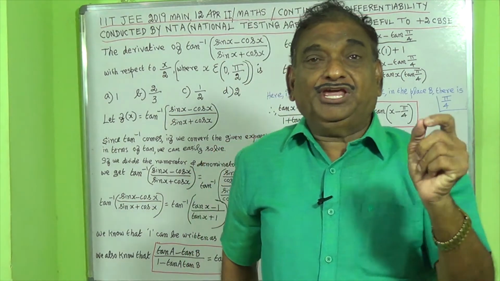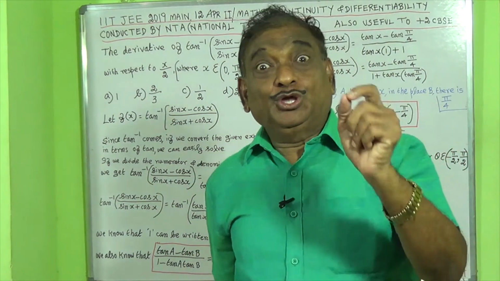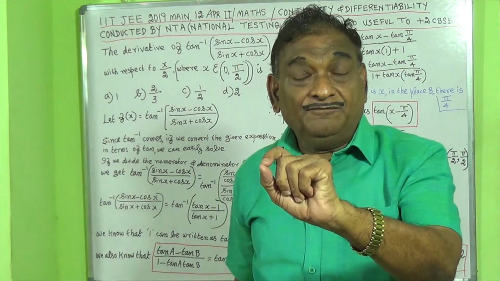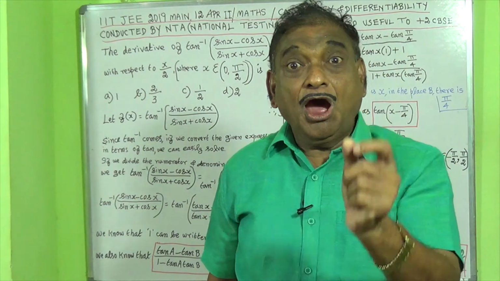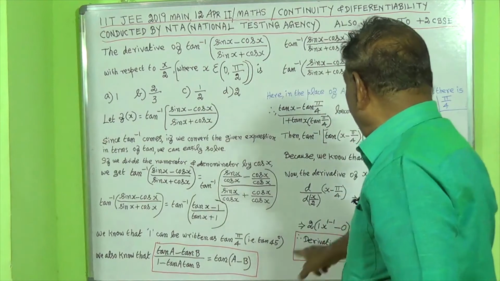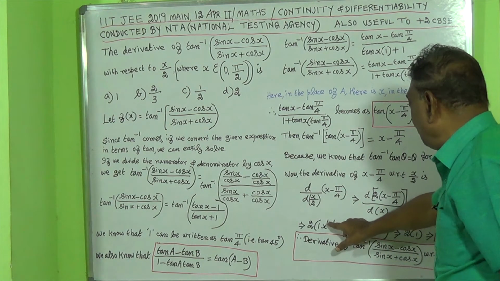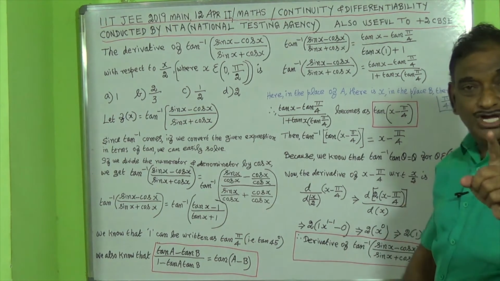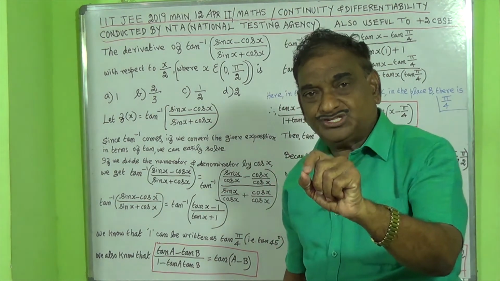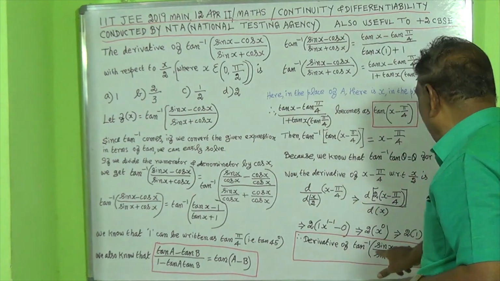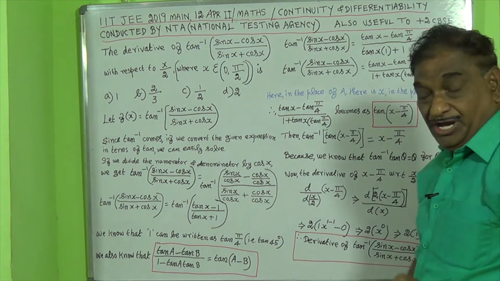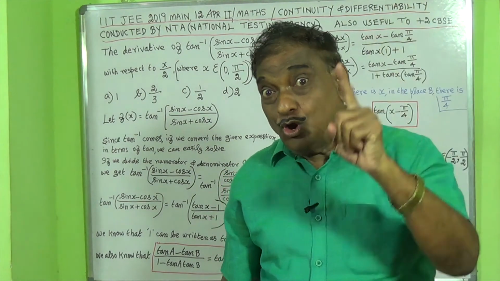On differentiating the variable with power, the power will become the coefficient and the power will be reduced by 1. So we are writing 1 into x to the power 1 minus 1. What is 1 minus 1? 1 minus 1 is 0. So we will get x to the power 0. Any number to the power 0 equals 1.